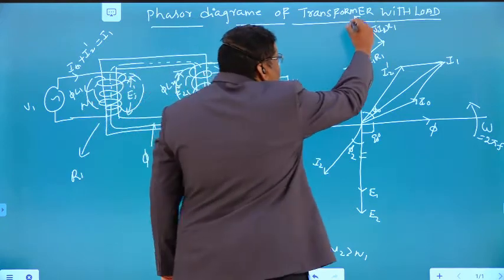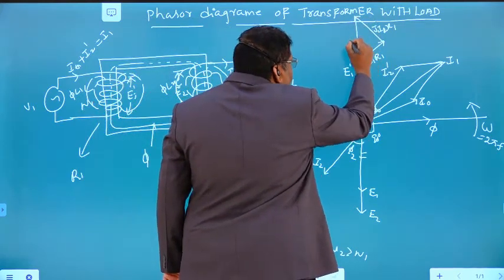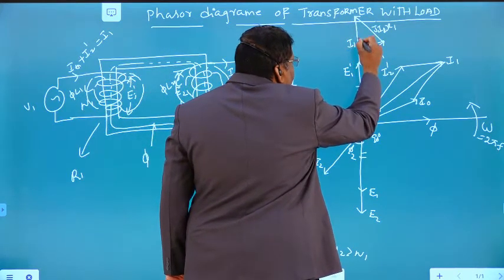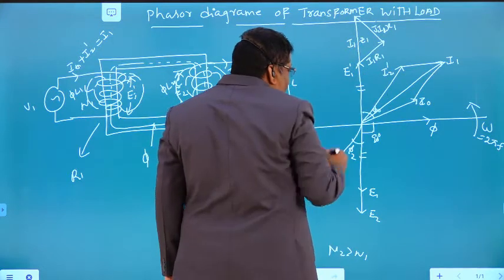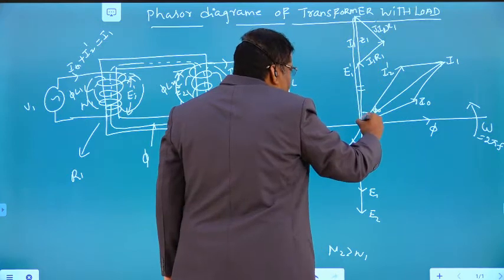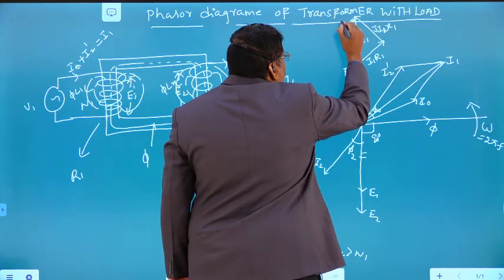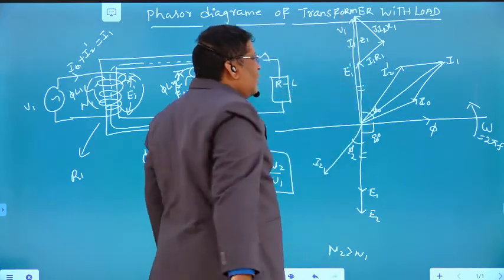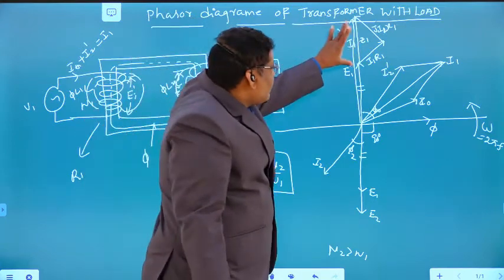Now if you find the phasor sum of these two, this is I1 Z1. The phasor sum of these is equal to V1.